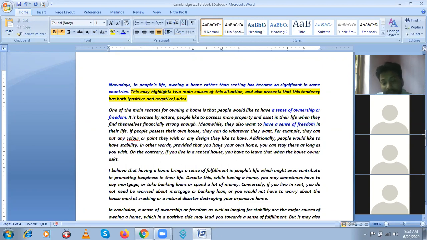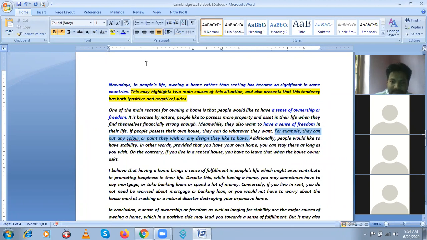How and why? If people possess their own house, they can do whatever they want. Another supporting point. This is an if clause, and see the sentence. If people possess their own house, they can do whatever they want. For example, it is explained and now it is supported by the example.